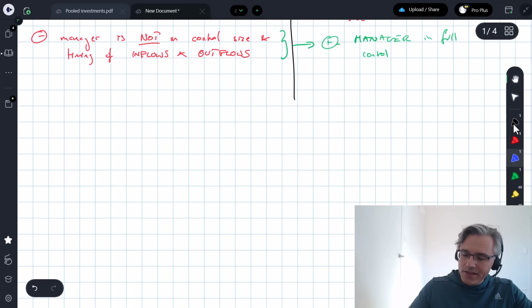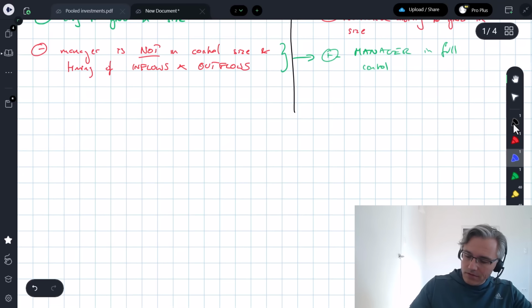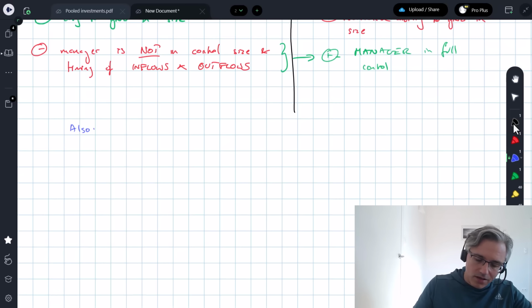Right, another split that you may be asked about is the split into load and so-called no-load funds, right?